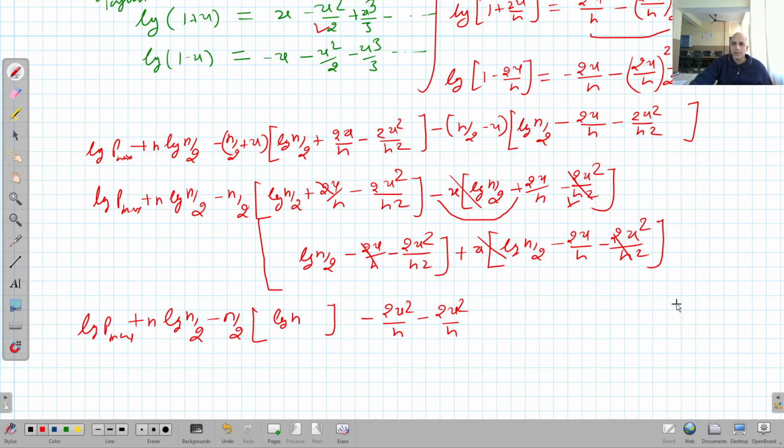So these terms will get cancelled out. So here in this first equation, I will get minus 4x square upon n square also, right?